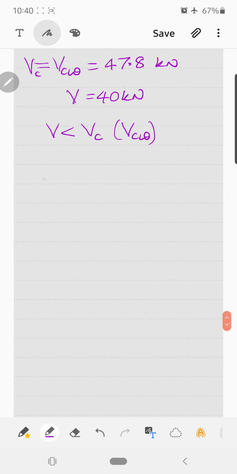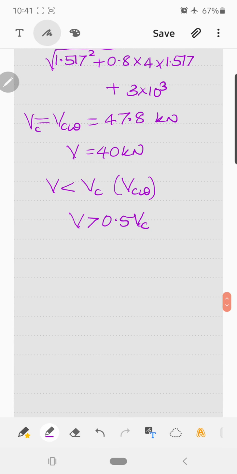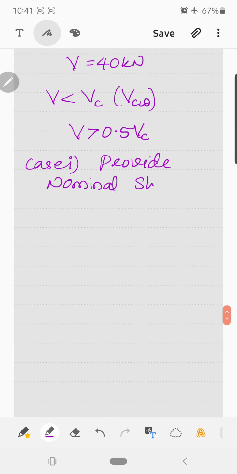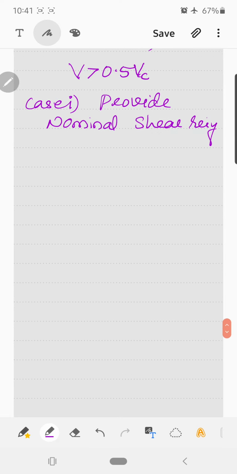V is less than VC and V is greater than 0.5 VC, that means the shear force is greater than 50% of this value. So for case 1, provide nominal shear reinforcement.